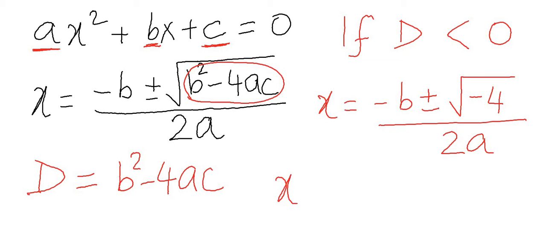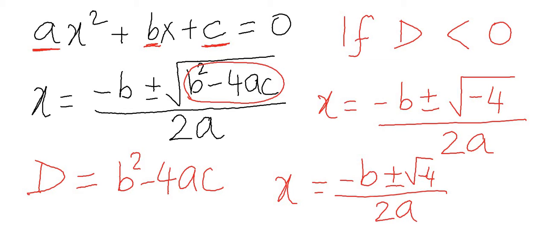So it will have two values, one with the plus and the other with the minus, just like for D greater than 0. So again, you have two values of x, but those two values are not real, they are imaginary.